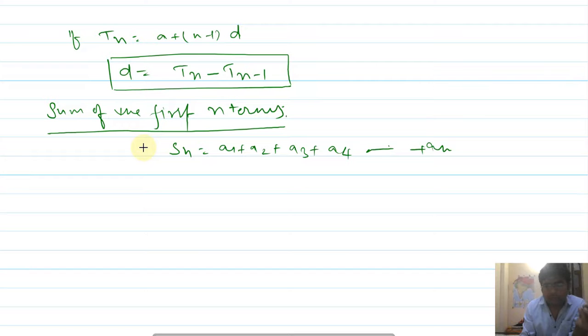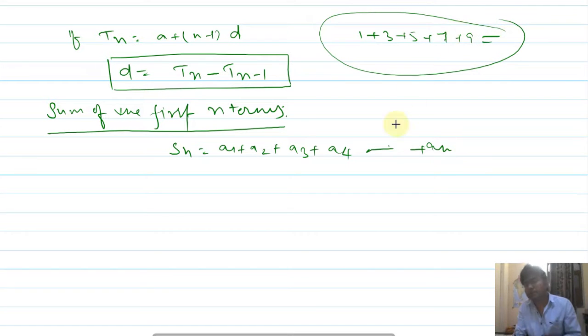Before, we found a particular term; here you have to find the summation of the whole sequence. Just like if I write 1 3 5 7 9, you have to find the sum of all the numbers. So this is one formula.